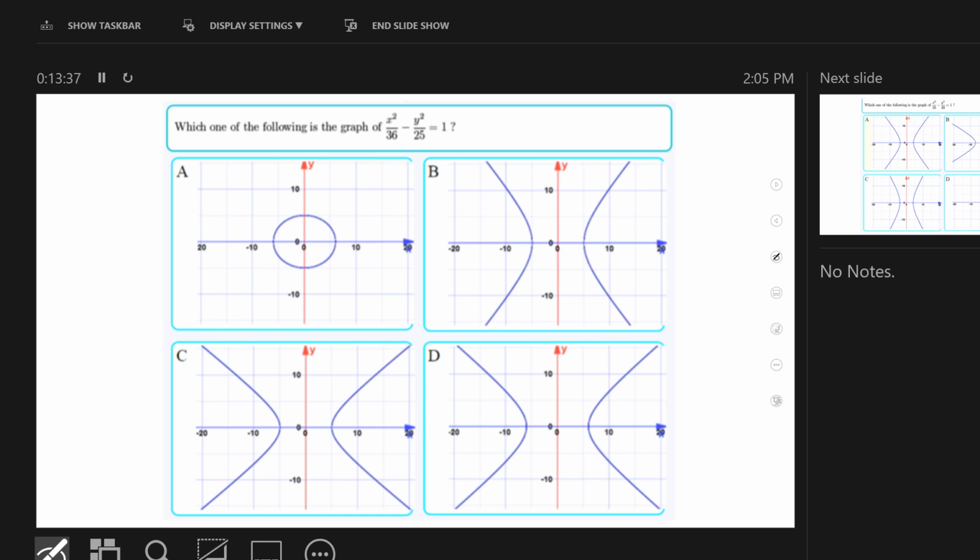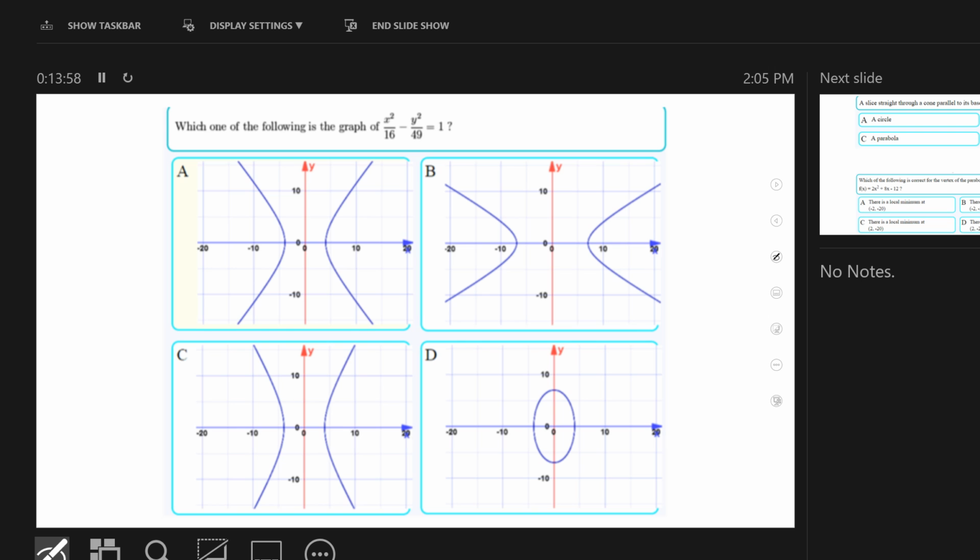Good, good. And A, was A even a possibility? No, because we're not looking at an ellipse, we're looking at a hyperbola. Yeah, D is the correct answer. That's right. Good.